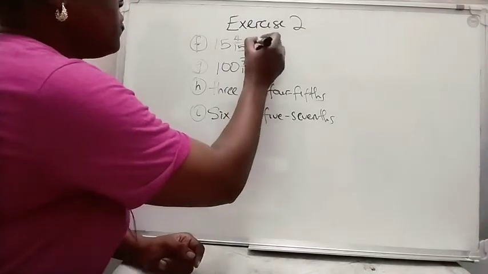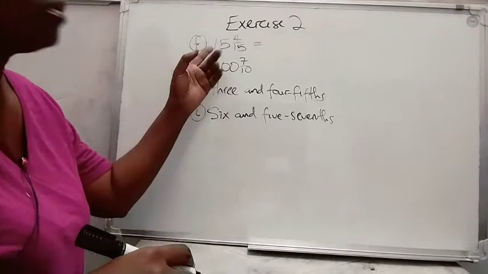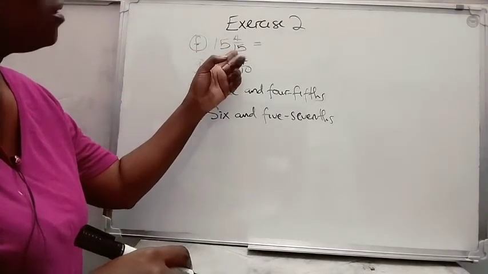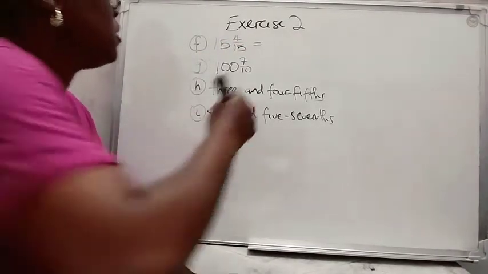So we'll use the formula I devised. Remember the formula, which is the whole number times the denominator plus the numerator all over the denominator. So let's go right into that.